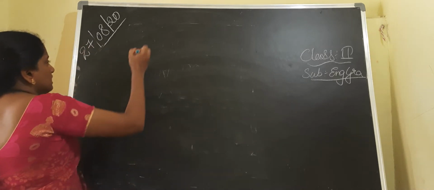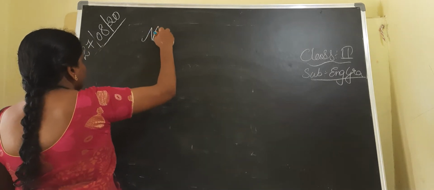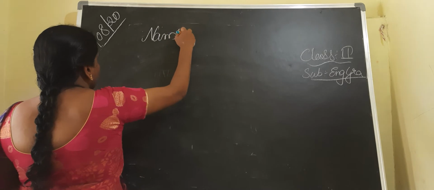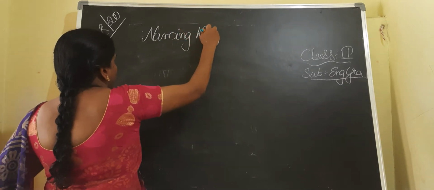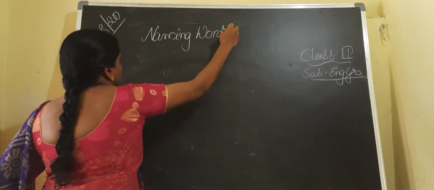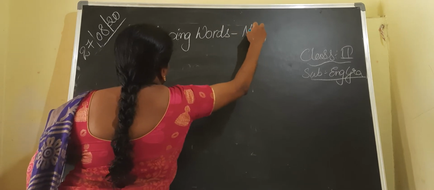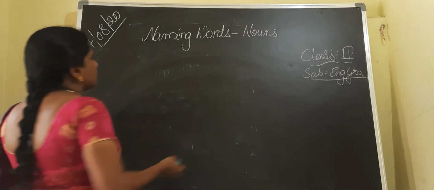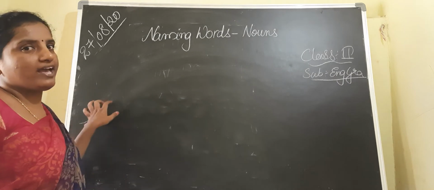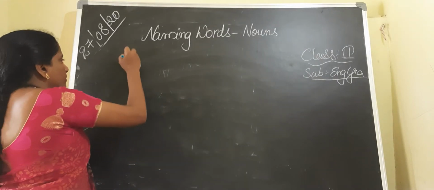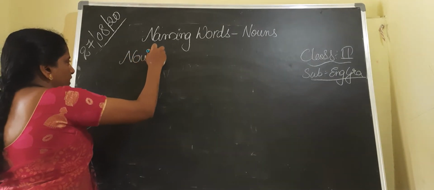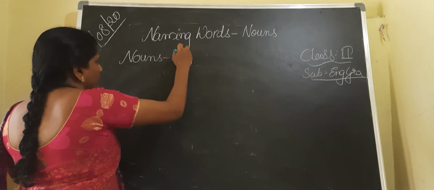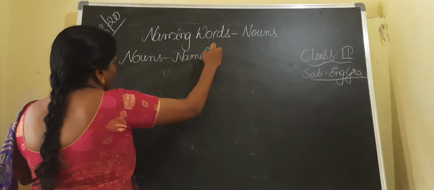Now we are discussing naming words. What are the naming words, children? Nouns. Naming words are known as nouns, or nouns are known as naming words. What do you mean by nouns? You can give names of anything.